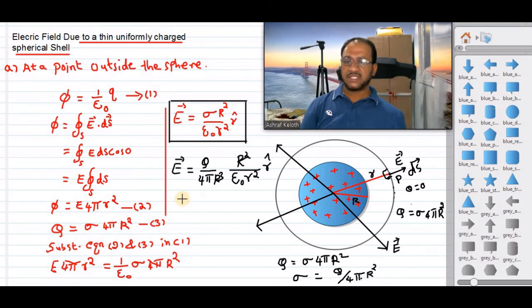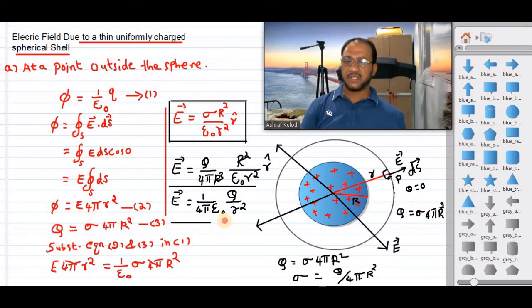Then this equation can be written as electric field intensity E is equal to 1 by 4 pi epsilon naught, Q divided by small r square, where Q is the total charge on the spherical shell. This is an important result. Put it in a box.